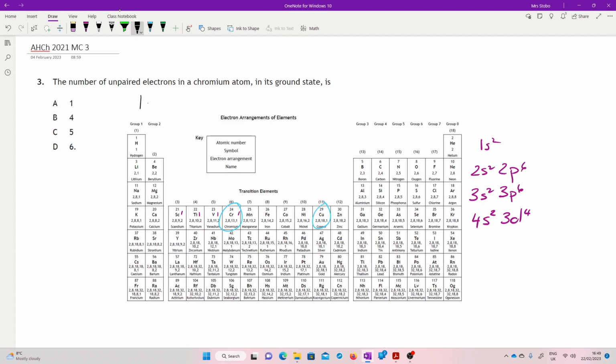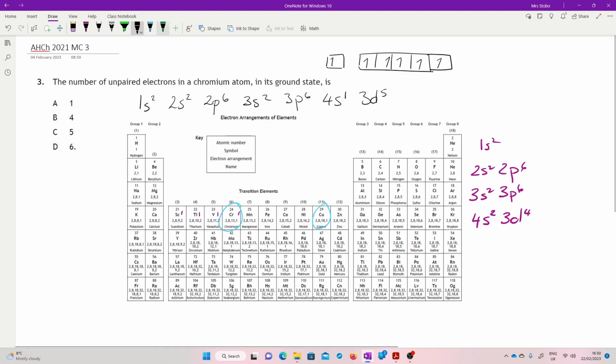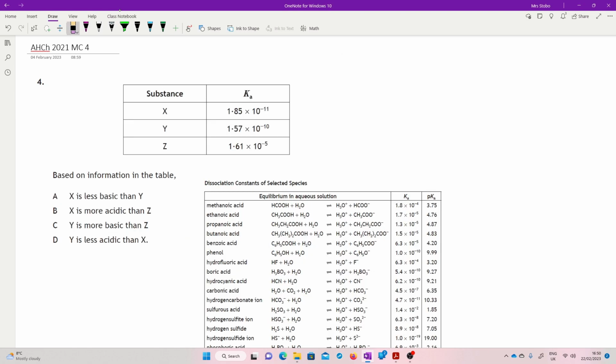So what we've actually got is 1s2, 2s2, 2p6, 3s2, 3p6, 4s1, and 3d5, which means if I look in the last bit here, I've only got 1 in this orbital box, and I never draw these long enough. 1, 2, 3, 4, make that 5, and I've got all unpaired in this one as well. So the actual correct answer for this, a lot of people will have gone 5, is 6. Okay, question 4.